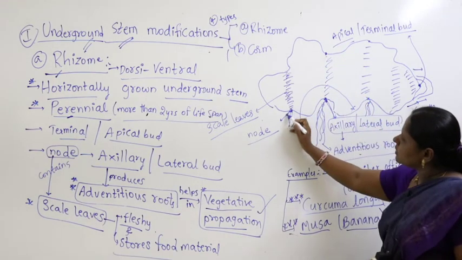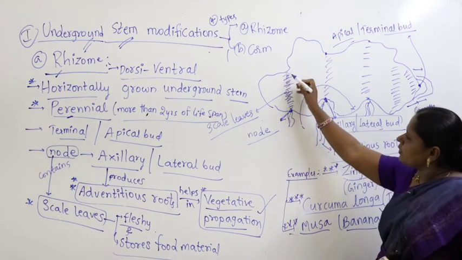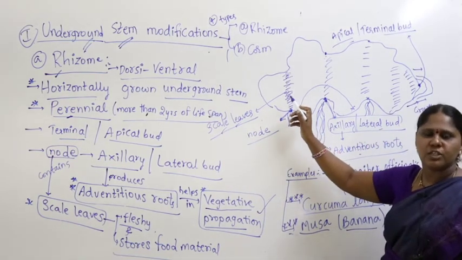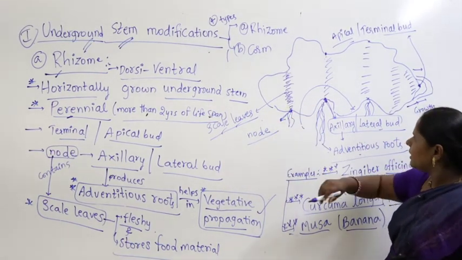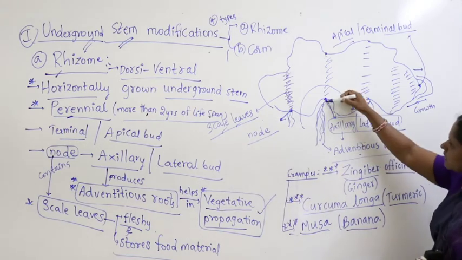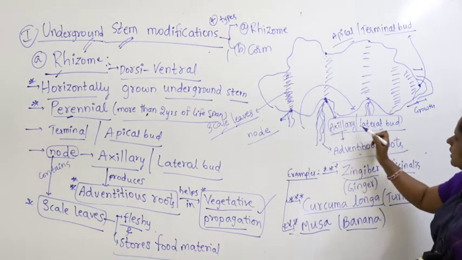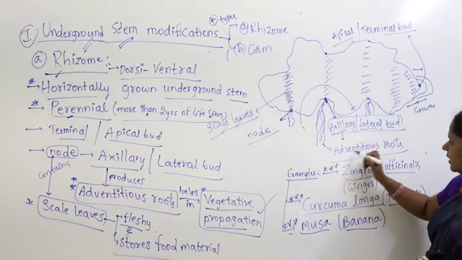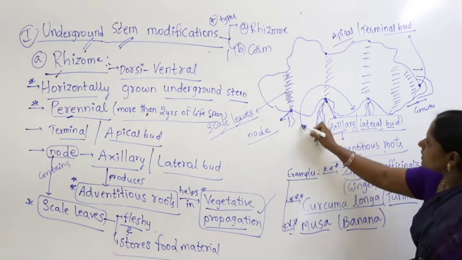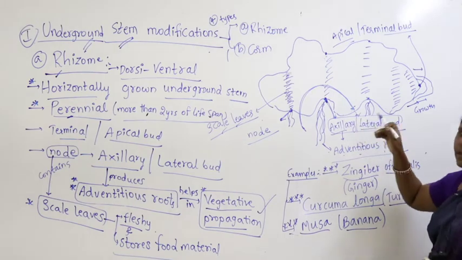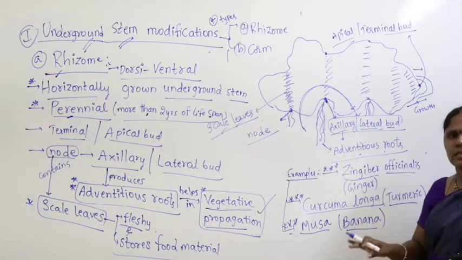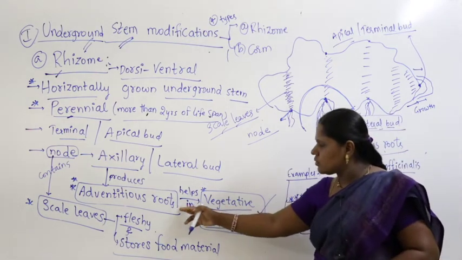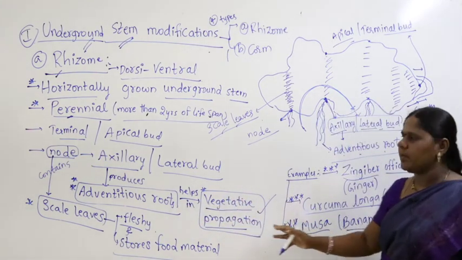This is the node. The node contains reduced leaves called scale leaves, which become fleshy and store food materials. On the lateral side you find the axillary or lateral bud, which produces adventitious roots. Now if you cut this particular part and keep it in the soil, definitely a new plant forms. So we say adventitious roots help in vegetative propagation.